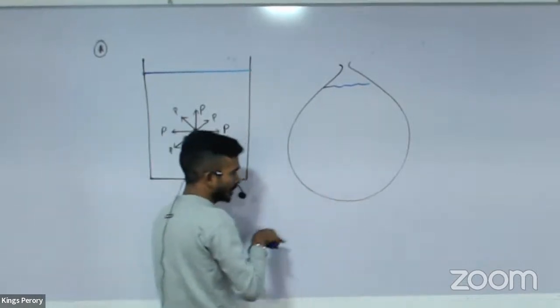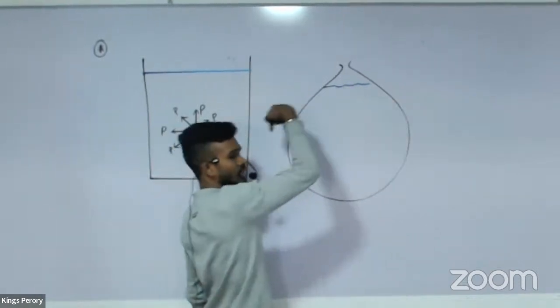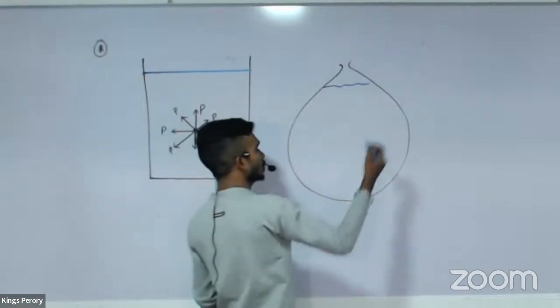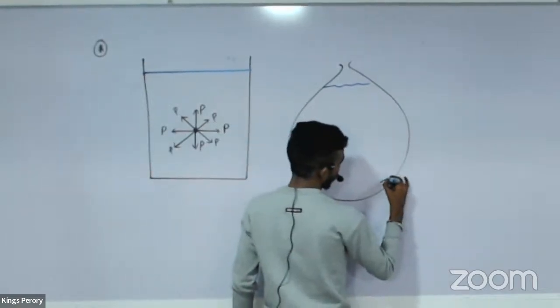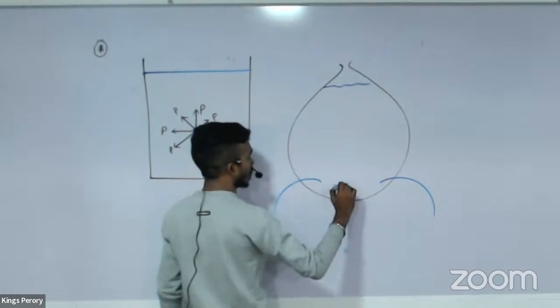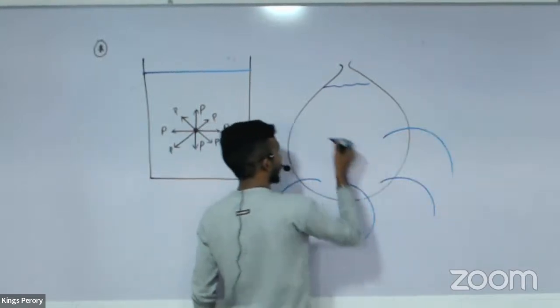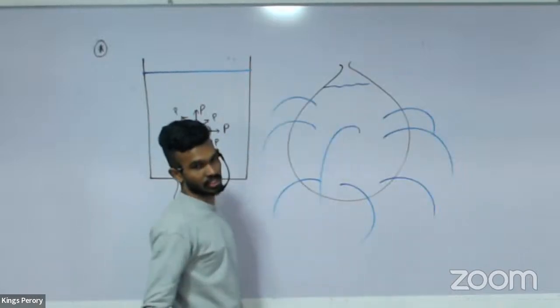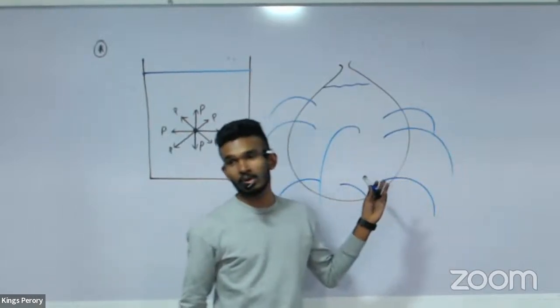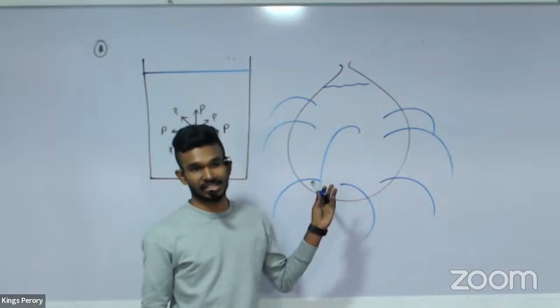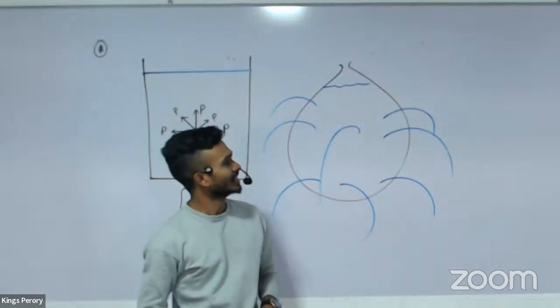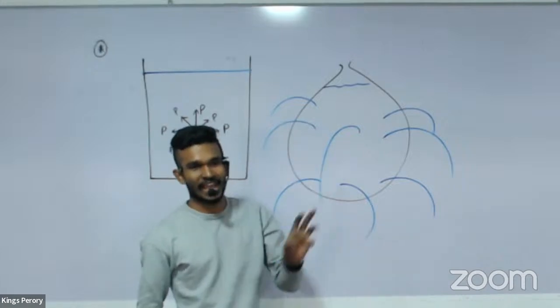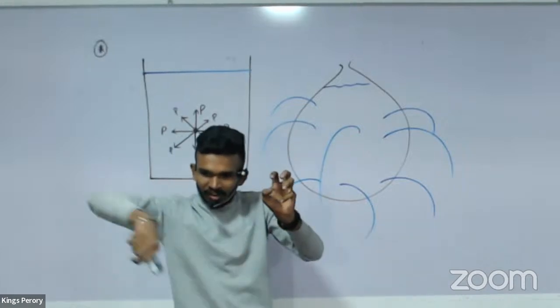Take a small pin, put holes in all the places. When you put holes, water starts pouring out in all the direction. Have you all done it? Now don't go home and do it. Your mother will think something. You would have done this as a kid. Take a bag, fill water, put holes in all the sides.